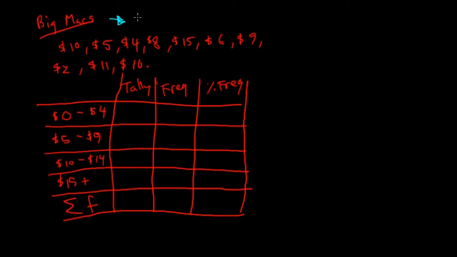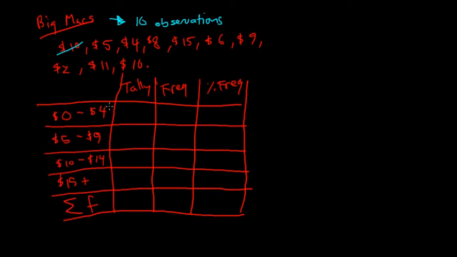So for those who are wondering, we've got 10 observations up here. And the way we bring our data into this frequency table is we do this. We go through the data, and every time we have an observation lying in these buckets, we take that observation and we put it into its respective bucket.